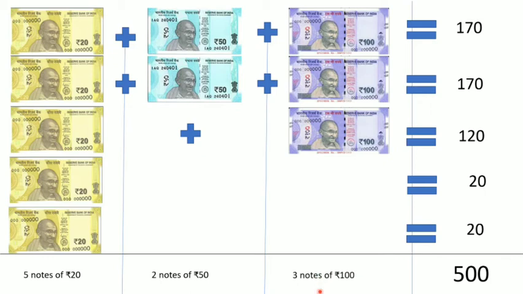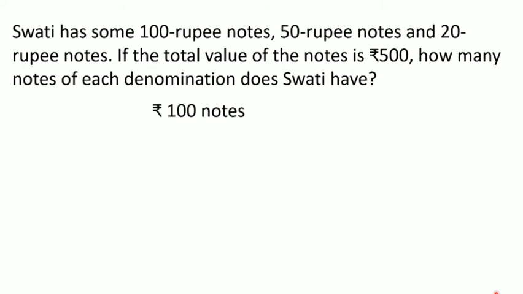So we will write in the statement form: 100 rupees note, 50 rupees note and 20 rupees note. So we got 3 100 rupees notes, 2 50 rupees notes and 5 20 rupees notes.